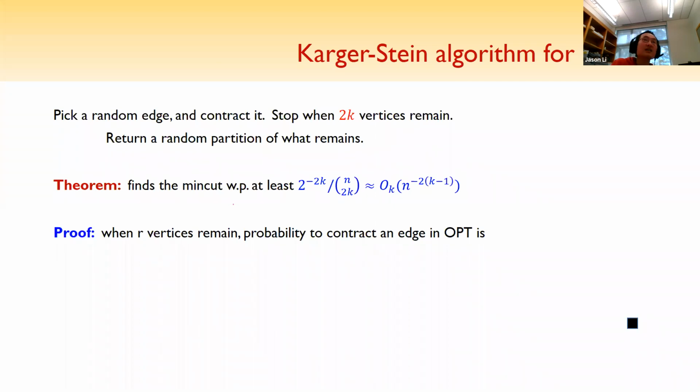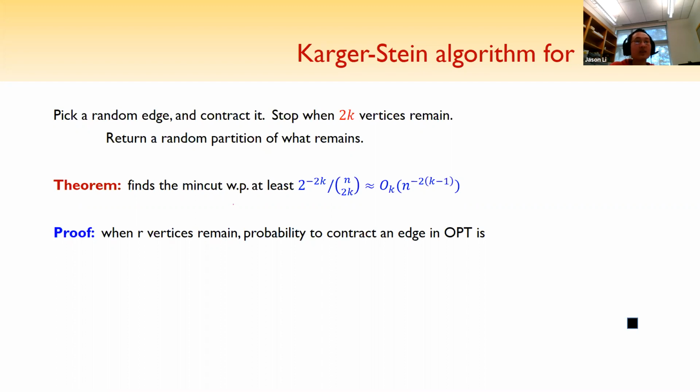So here, let's do this analysis. It's very simple. Recall that we begin with n vertices remaining, the original graph, and we end at 2k vertices remaining. So we consider the step where there are r vertices remaining, for each r from n to 2k. And we ask, what is the probability? Let's fix a min k cut in our head.